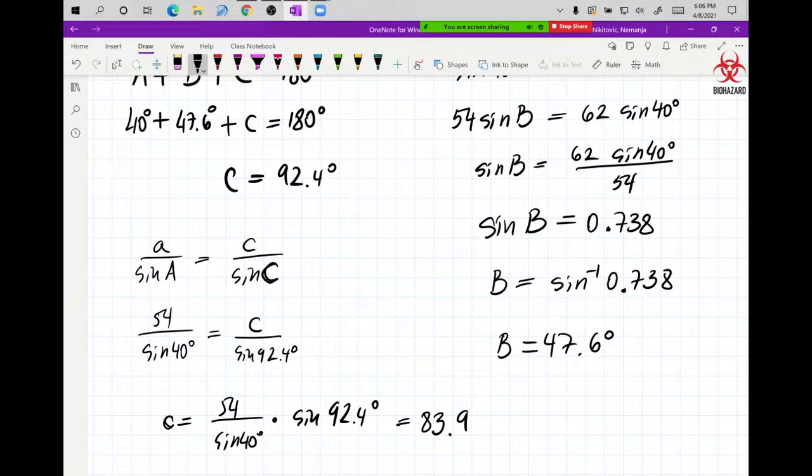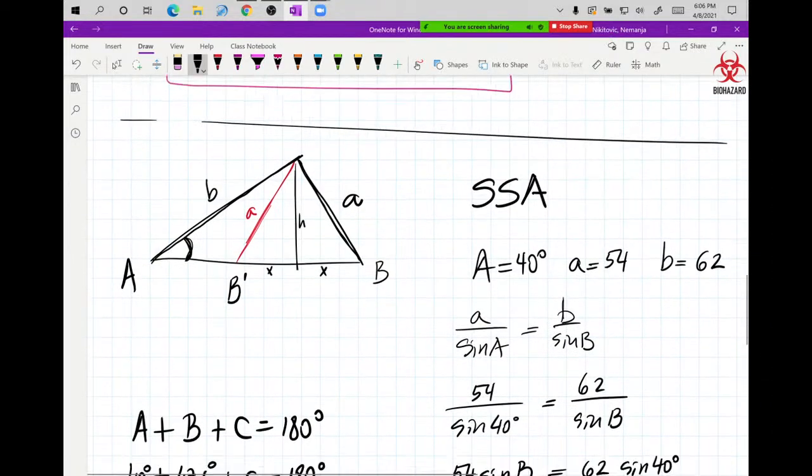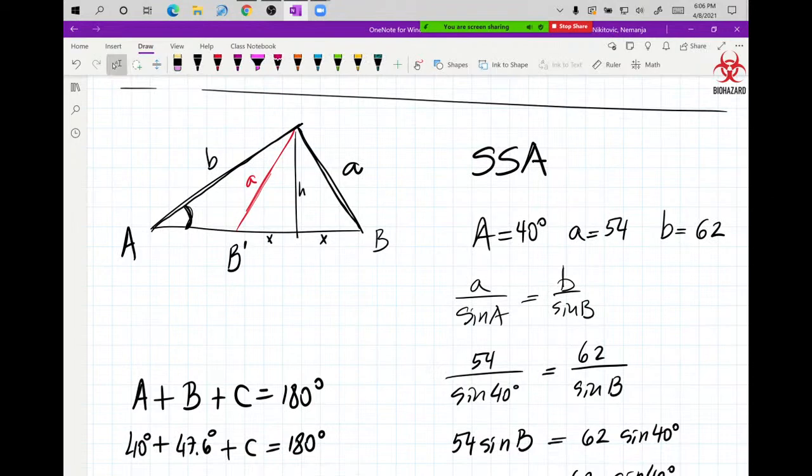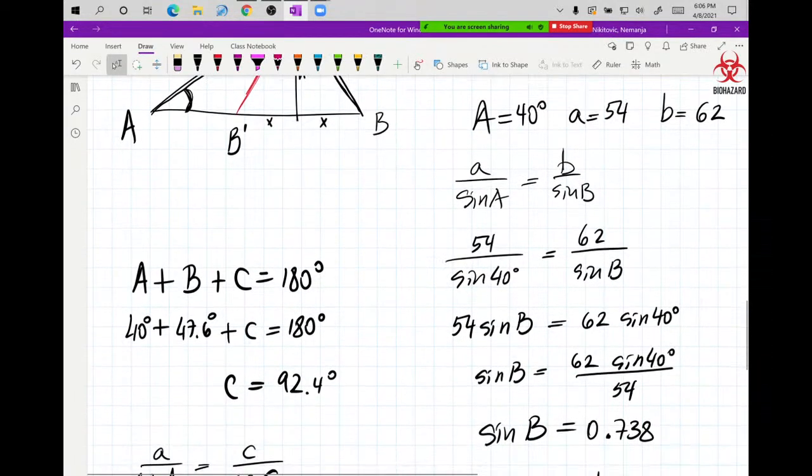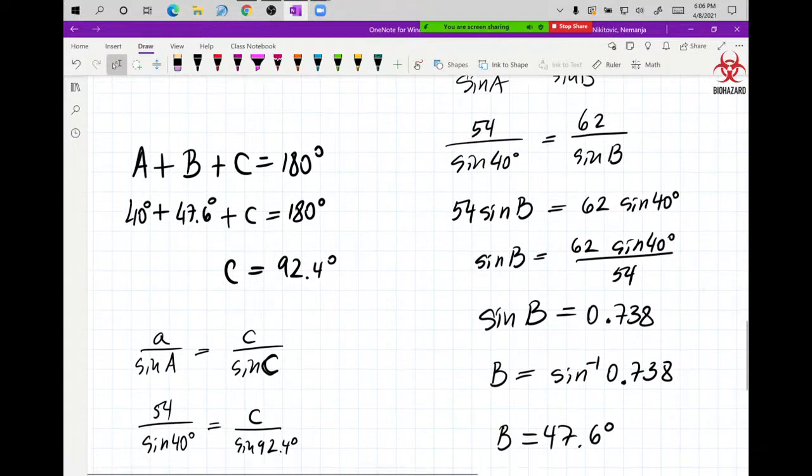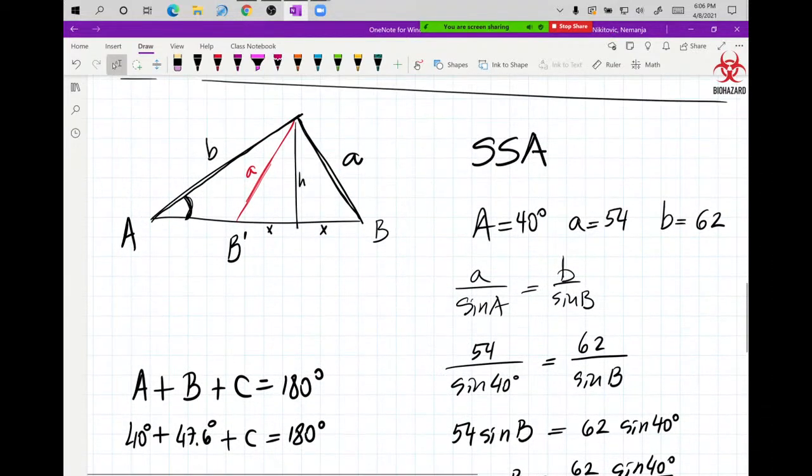But now, when we solve this triangle, we have to check if there is a second solution. And the way you do that is you figure out the new value for angle C. Let's go back to our picture and realize that we figured out that the B angle is 47.6.